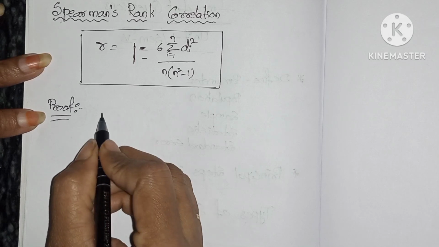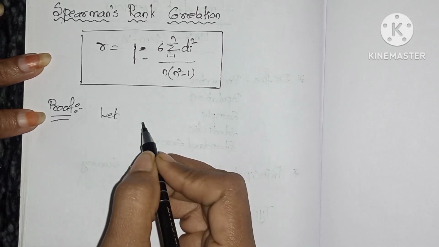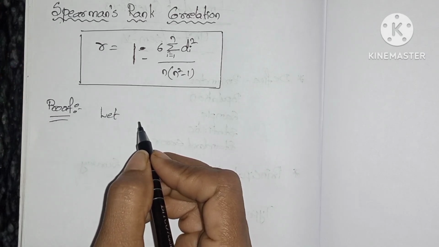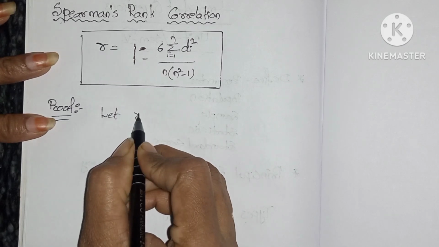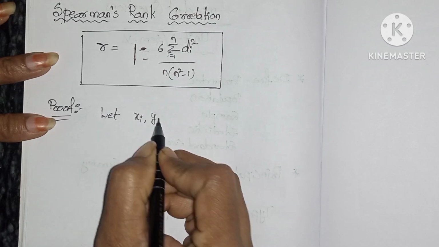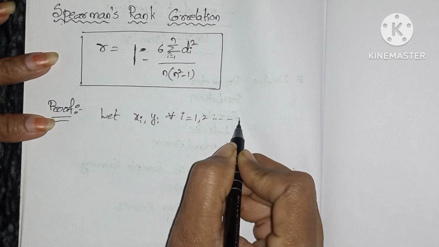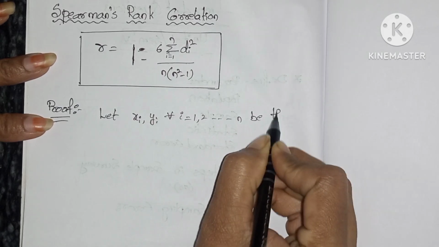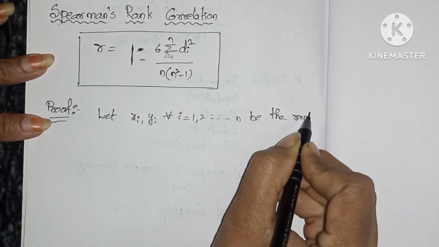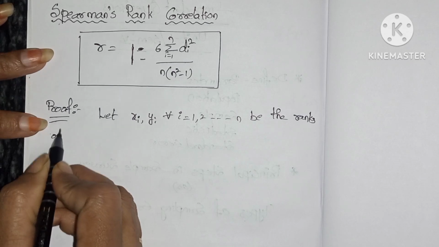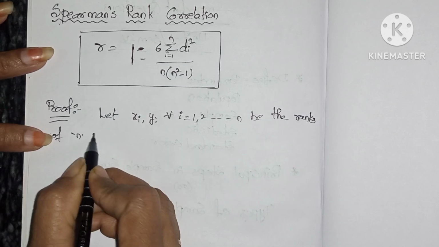Ranks: if we want to give any ranks we need some observations, no? So let xi, yi for all i equals 1, 2 and so on up to n be the ranks of n individuals.